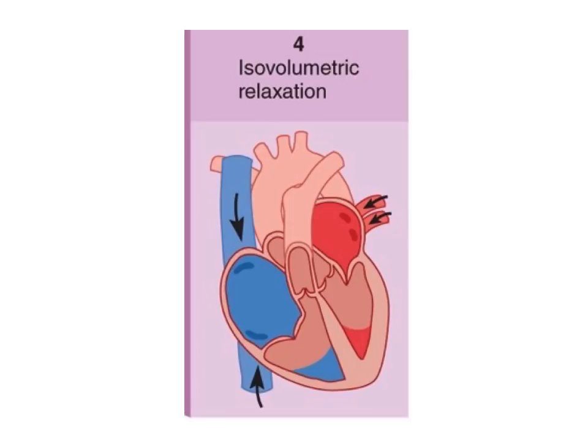Now, based on how blood likes to move, blood in the pulmonary trunk is going to want to flow back into your right ventricle. Blood in the aorta is going to want to go back into your left ventricle. We don't want backflow. So as blood attempts to backflow, the semilunar valves are going to close.